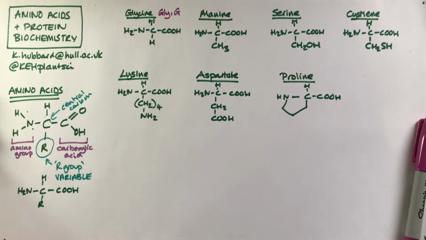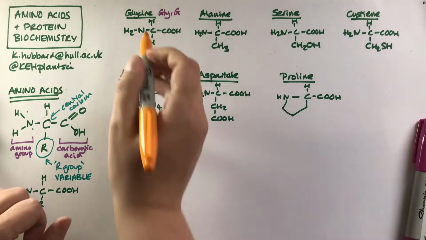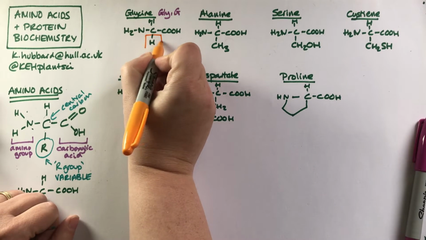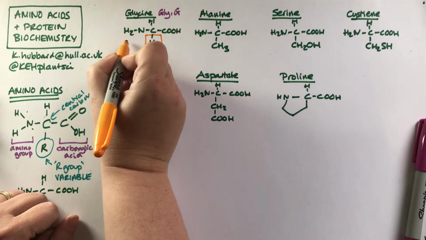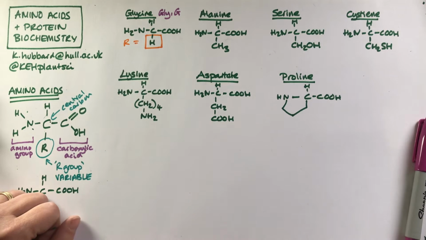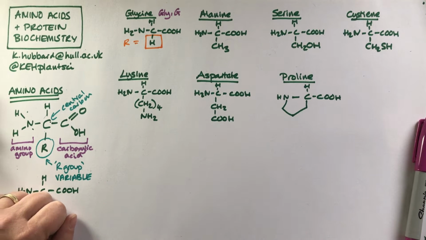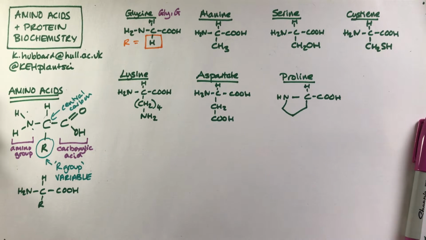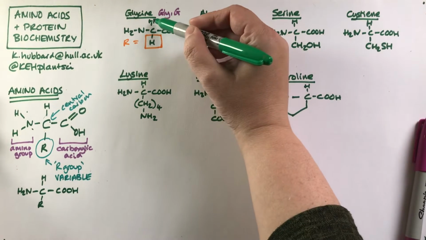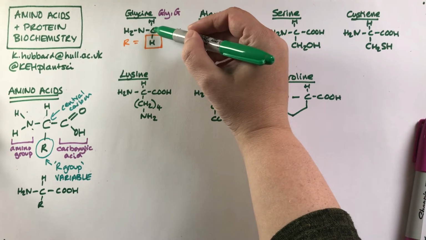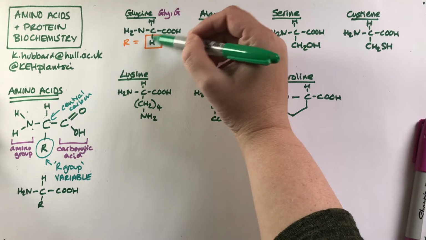So I'm going to highlight the R group in orange for each one. Okay. So the R group for glycine equals just a hydrogen. So in fact, glycine is bonded to two hydrogens. The central carbon's got the normal hydrogen, and it's got an extra hydrogen there.